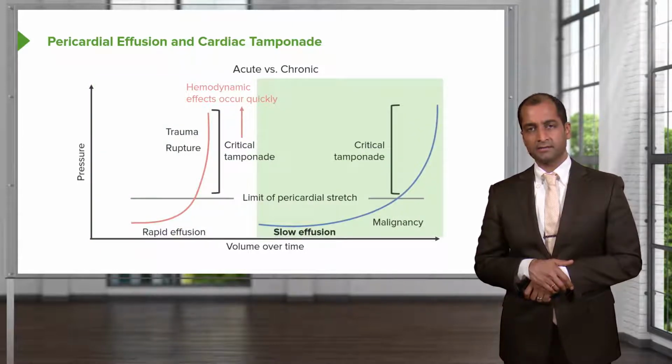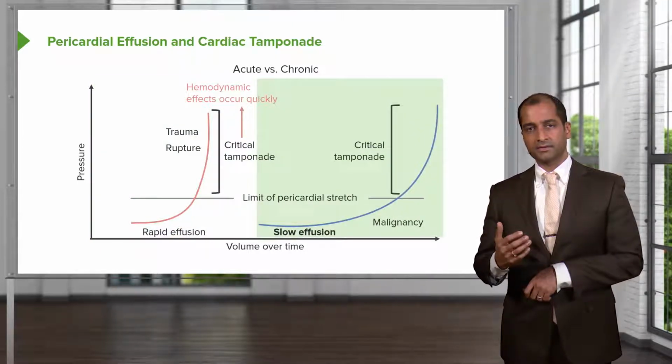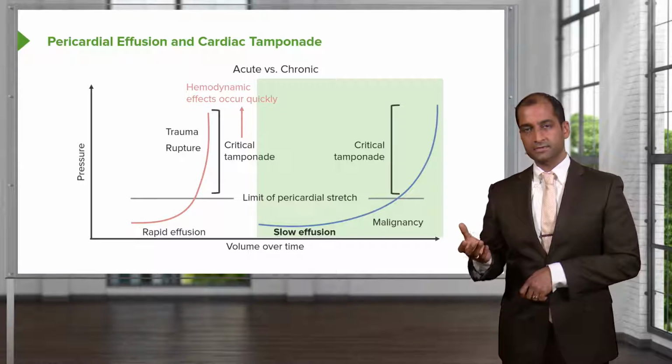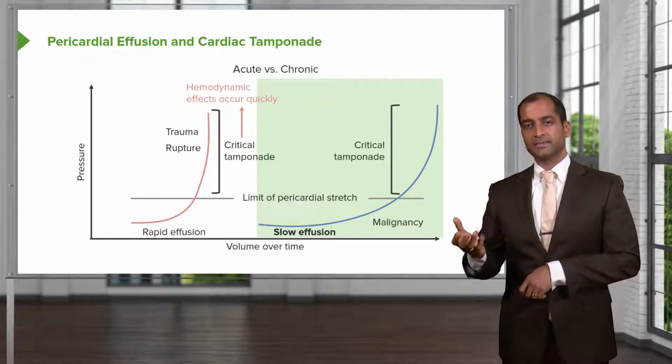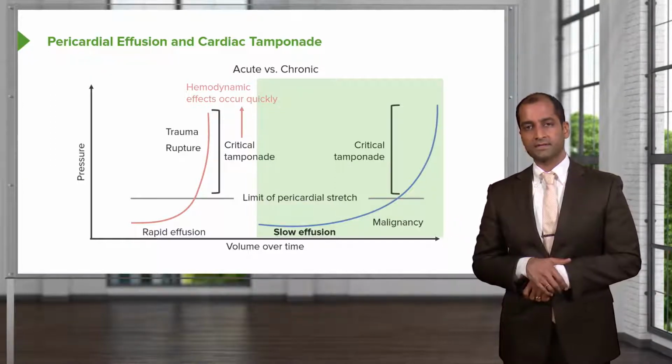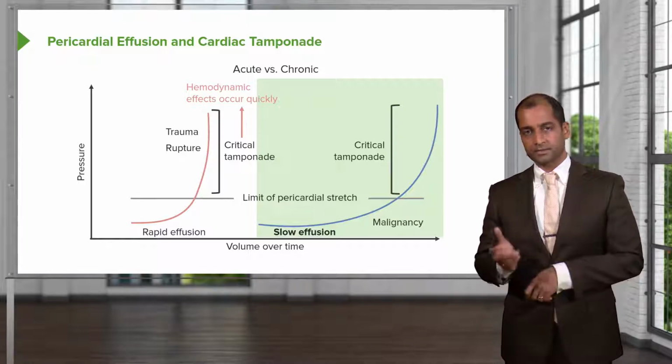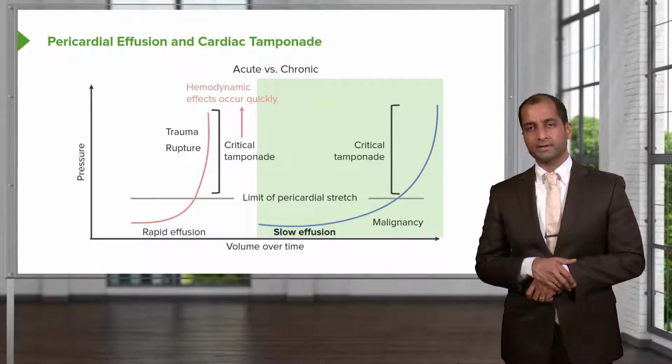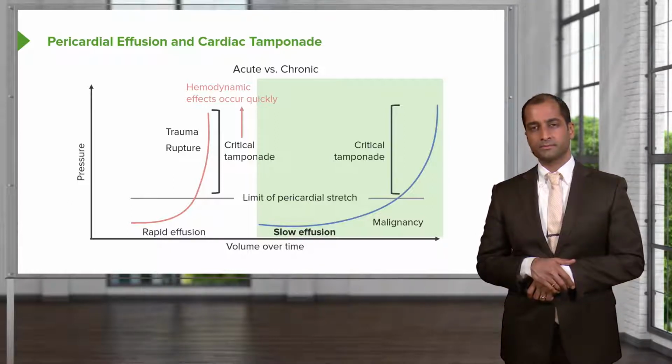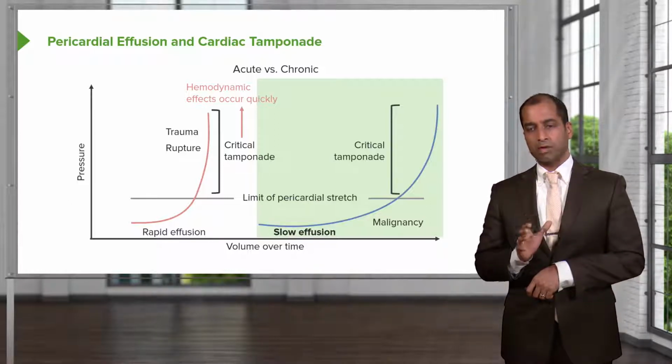And chronic, well, here, the critical tamponade region or area would be one in which it takes more time for the fluid to accumulate in the pericardial cavity. Give yourself an example, such as malignancy. Give yourself an example for cardiac tamponade, such as a ventricular wall rupture.